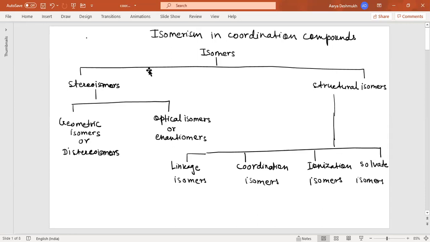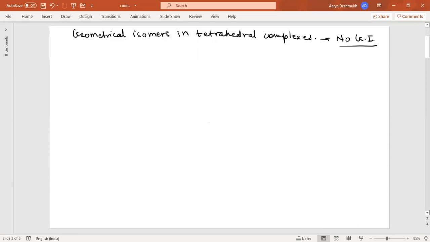This part of isomerism, that is stereoisomers, we will discuss in detail, covering geometrical isomerism and optical isomerism. As I already told, geometrical isomerism means the position of the surrounding ligands to the metal in space. Now, geometrical isomerism in tetrahedral complexes.